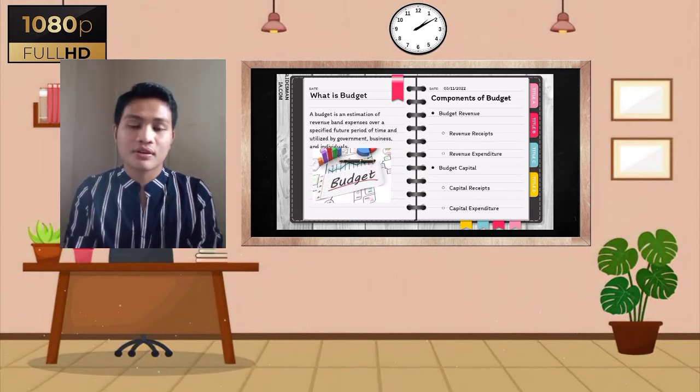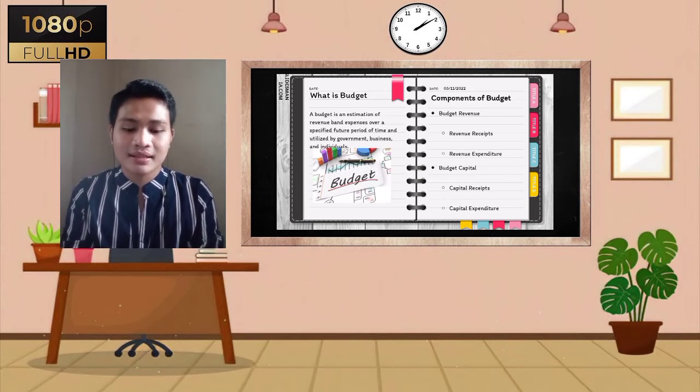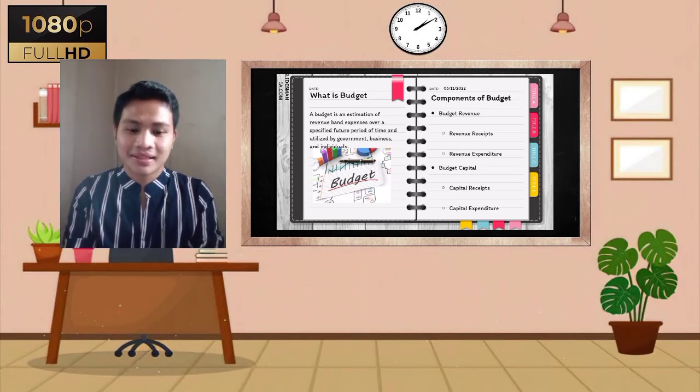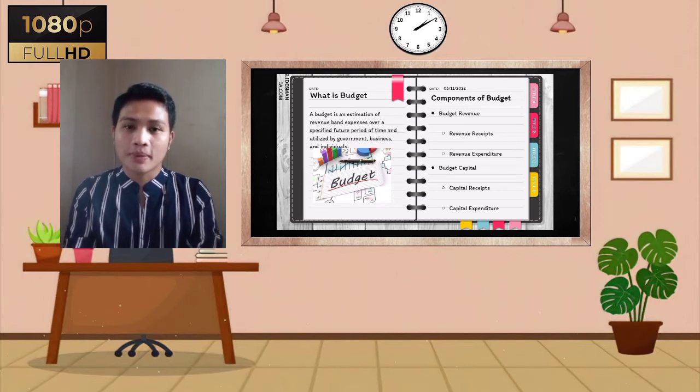Under it are the revenue receipts and revenue expenditure. Second is budget capital. It deals with the capital aspect of the government budget and consists of capital receipts and capital expenditure.